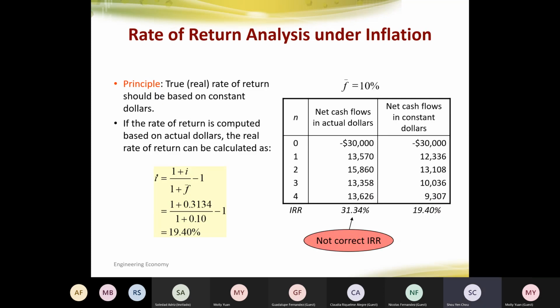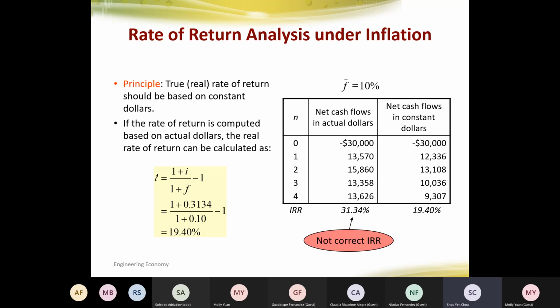And we can also compute the so-called rate of return. As I said earlier, the true rate of return for the problem under inflation will be smaller, right? That is, the rate of return we want to compute should be based on constant dollars rather than actual dollars. We saw all the dollars, but those dollars were inflated due to inflation.